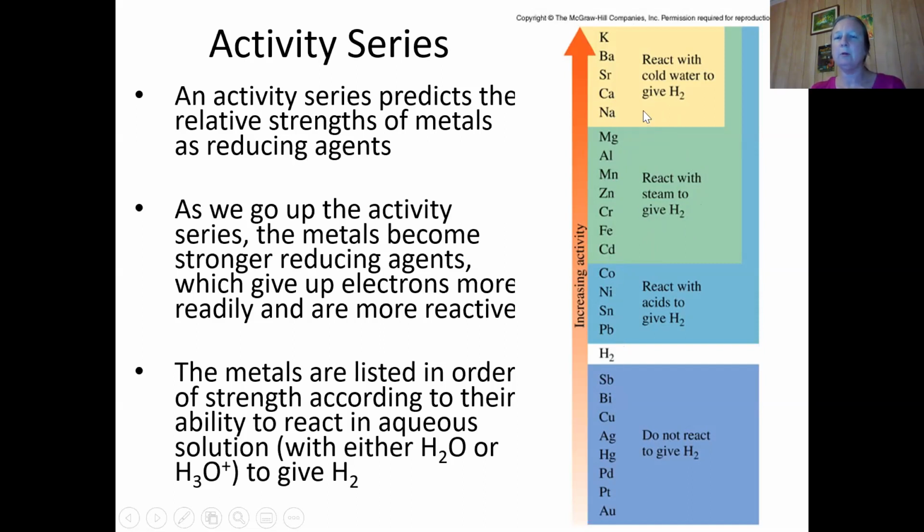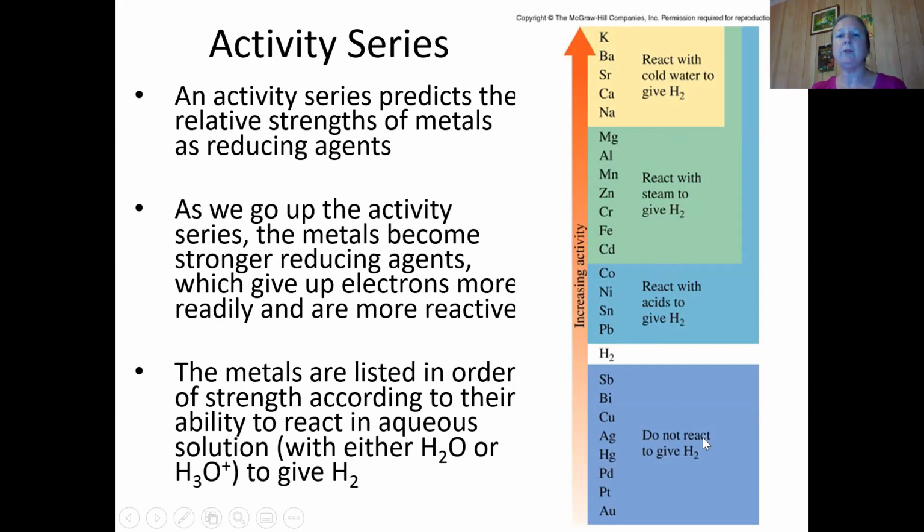You start with water, and those that don't react with water, you try them with steam. Those that don't react with steam, you try them with acid. That's here. And so if they react with acid to give hydrogen gas, and that's partly how you know, you see hydrogen gas evolve, that's your product. Then it's in this area.